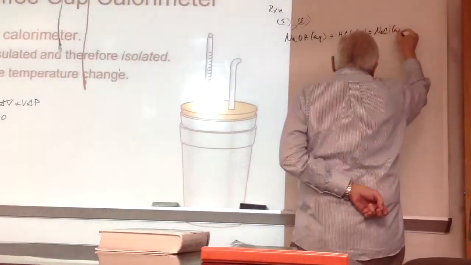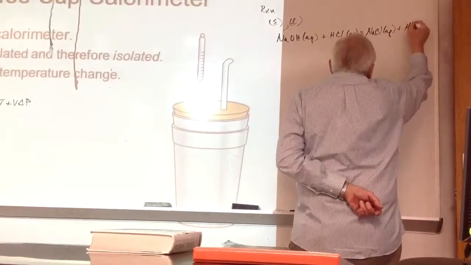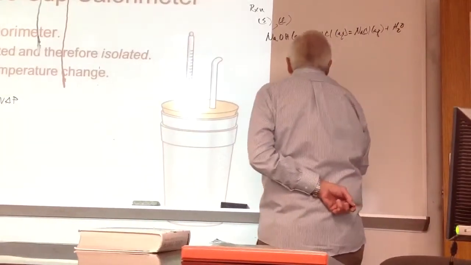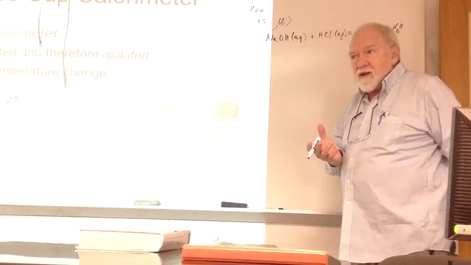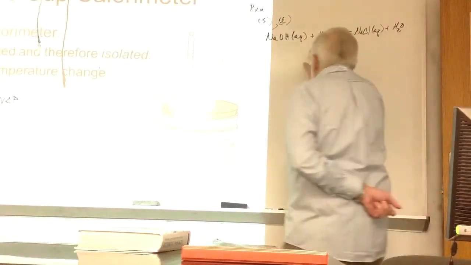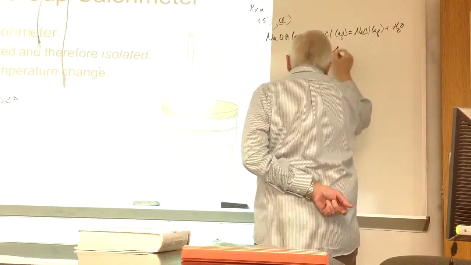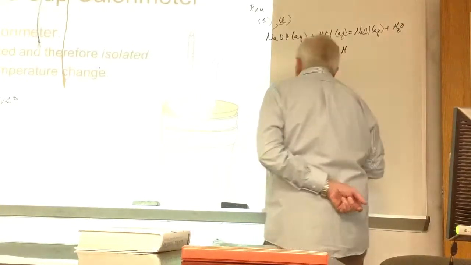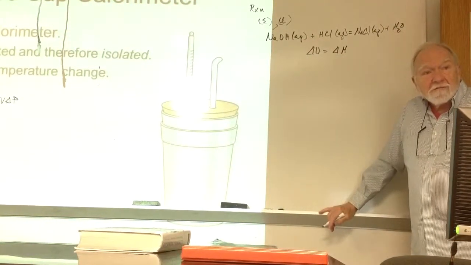In other words, all that's left are the ions plus water. All of those are liquids or dissolved in solutions. When I look at delta U for this reaction, or I look at delta H, I get the same number.